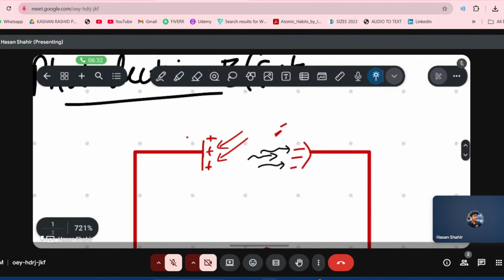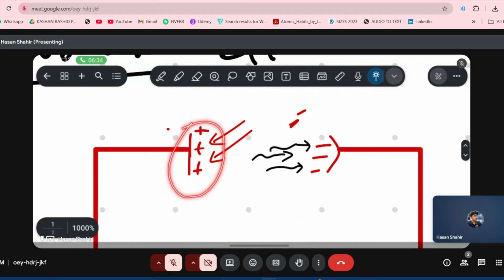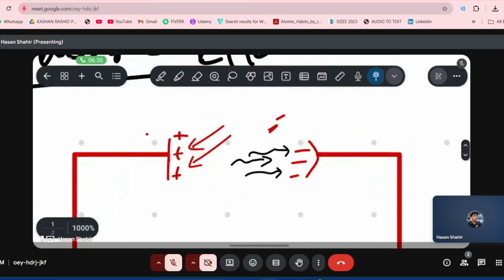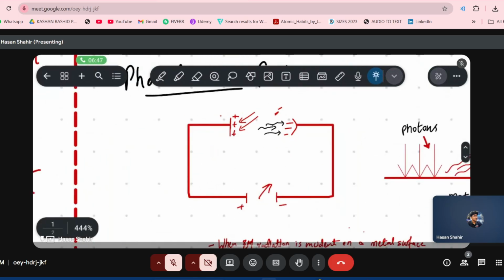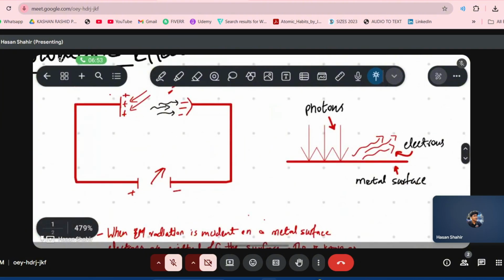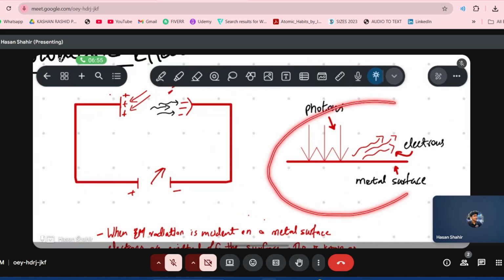What happens here is that this is our metal plate, and electromagnetic radiation is incident on this metal plate, which forces electrons to be emitted off of this plate. Here, electrons are absorbed, and this circuit continues to flow. This is how this circuit is working, and it's just a practical application of this diagram.